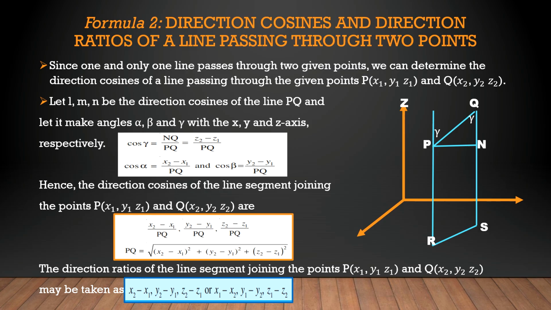Similarly, cos beta is the difference of y coordinates upon magnitude of PQ and the difference of z coordinates upon magnitude of PQ will give you cos gamma. So this is how you get the direction cosines when points are given. In this case, what will be the direction ratios? The direction ratios will simply be the differences of the x, y and z coordinates.